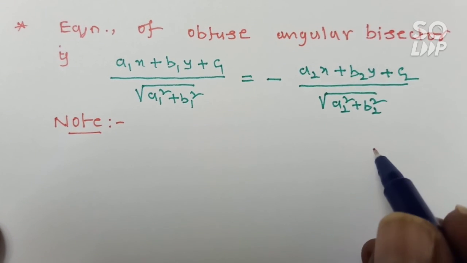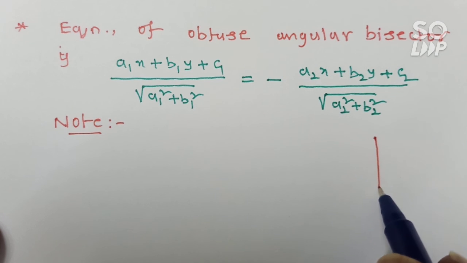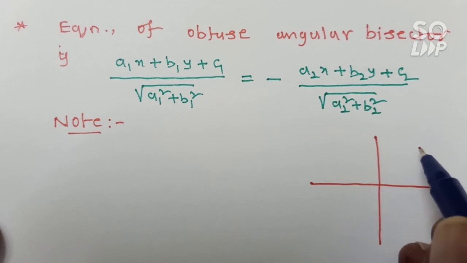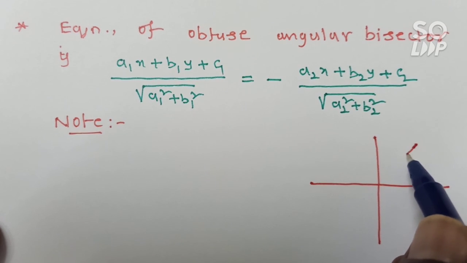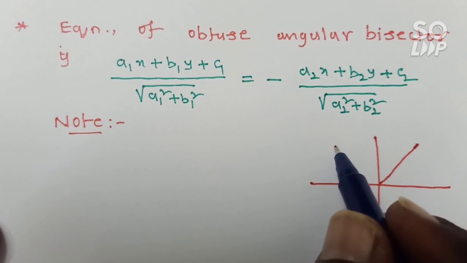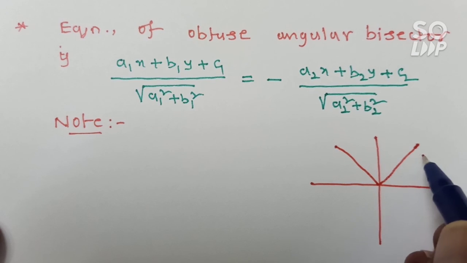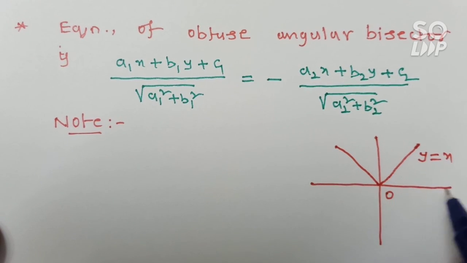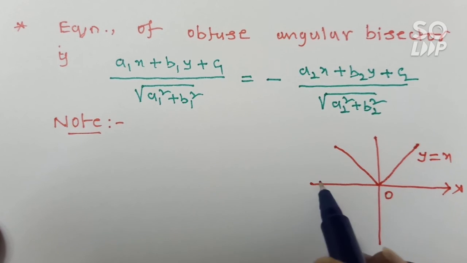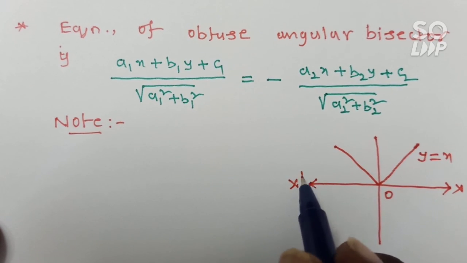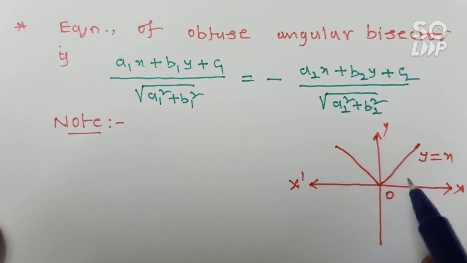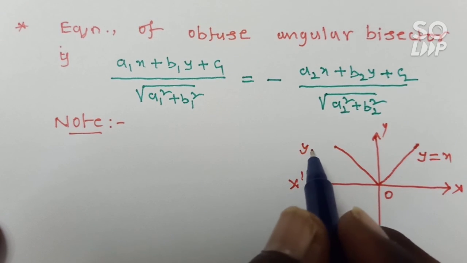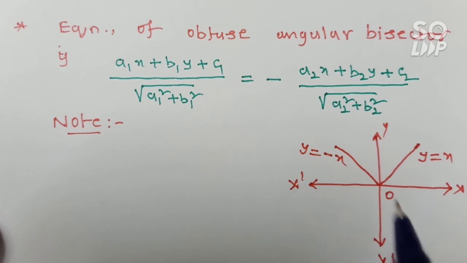So see this one. Here this one is the y-axis and this one is the x-axis. Here one line is y equals x and the other line is y equals minus x. So this is the origin, this is x dash, this is y dash, right? So this equation is y equals minus x.